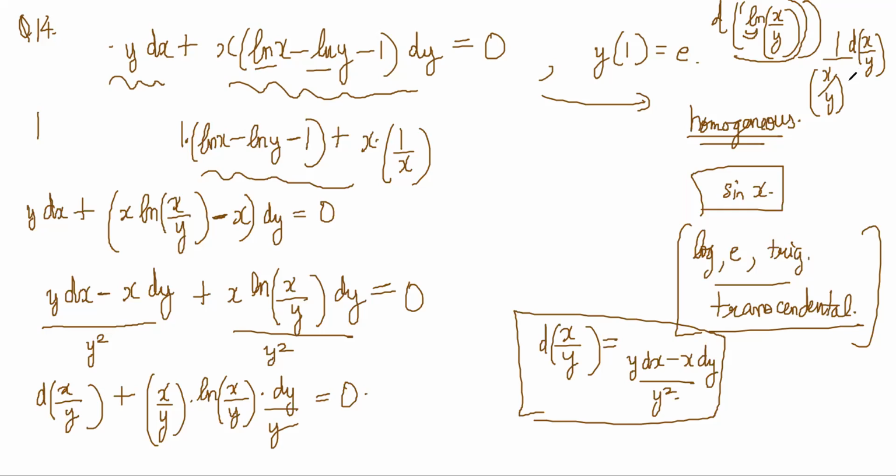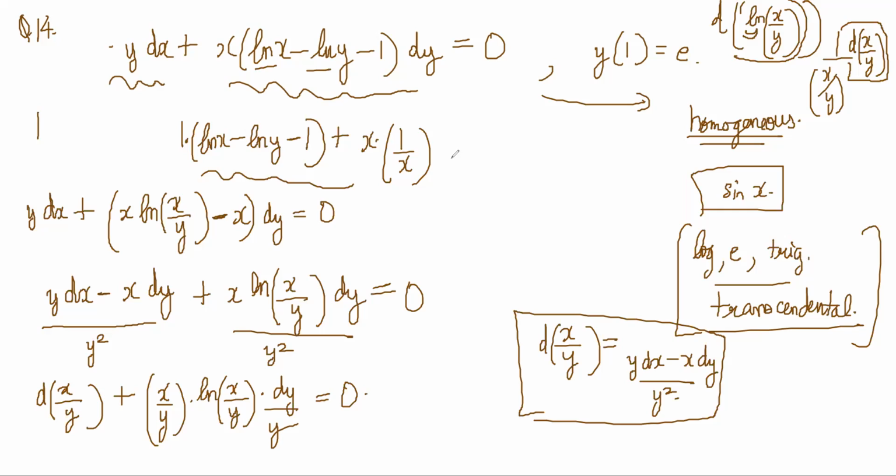So wait, I feel like I should do a substitution x by y is equal to t, obviously, right? Maybe that will simplify matters. So x by y is equal to t. So x is equal to ty.